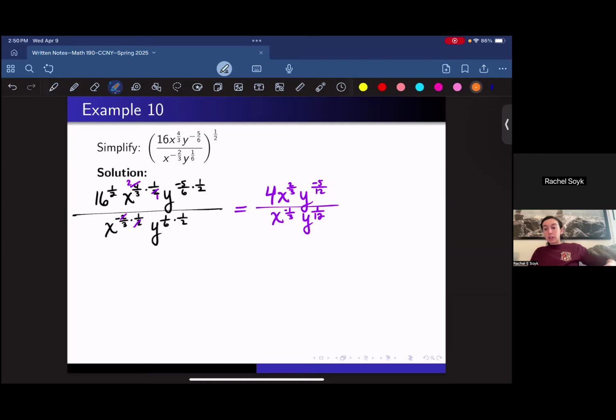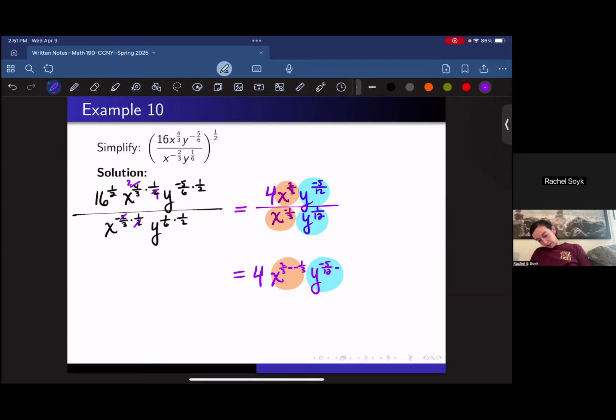Once again, let's utilize some properties of exponents. When you divide numbers that have the same base, subtract the exponents. So what are we looking at here? We're looking at 4, and then x to the 2/3 minus a negative 1/3, and y to the negative 5/12 minus 1/12.